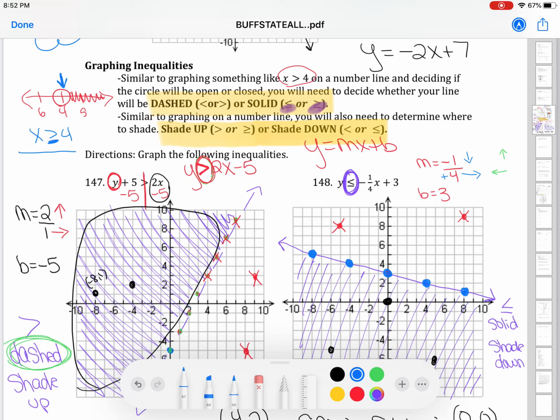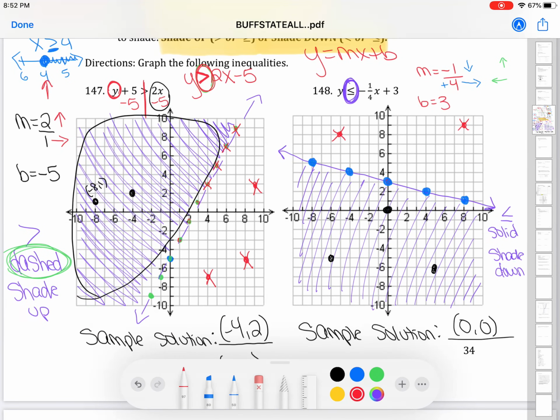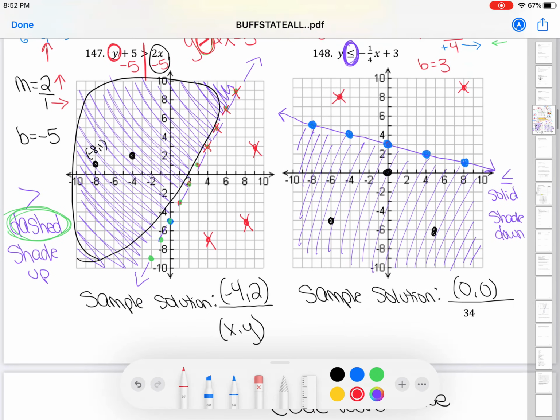Almost as though, let's say I was doing x is greater than or equal to 4, and I graphed it on a number line. I have 4, 5, and 6. I have a solid or a closed circle still shaded to the right, but that closed circle shows me that the 4 is included, just like this solid line shows me that all of the points on that line are included.